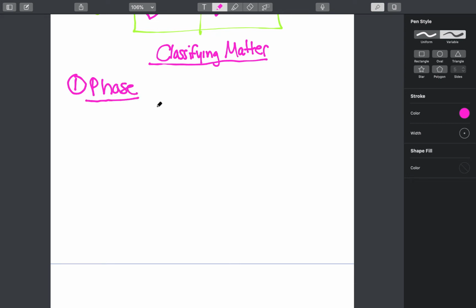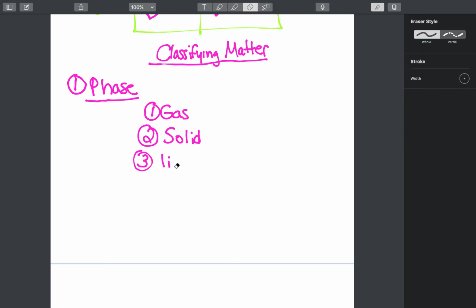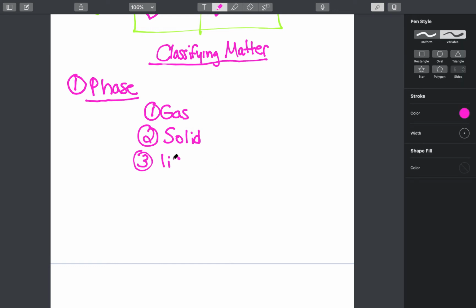We all know what a phase is. There's the gas phase, the solid phase, and the liquid phase.